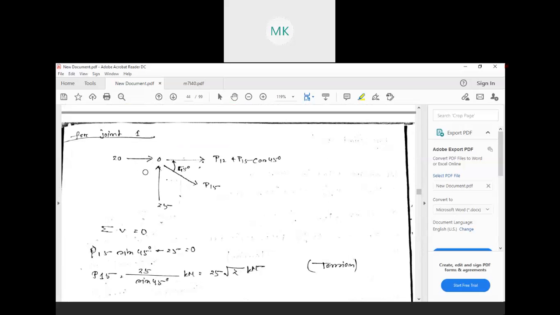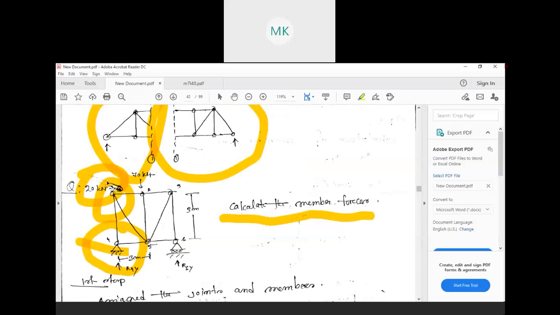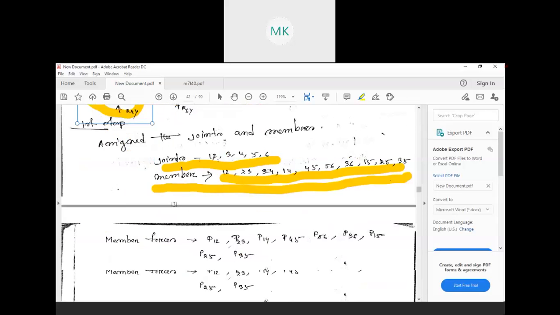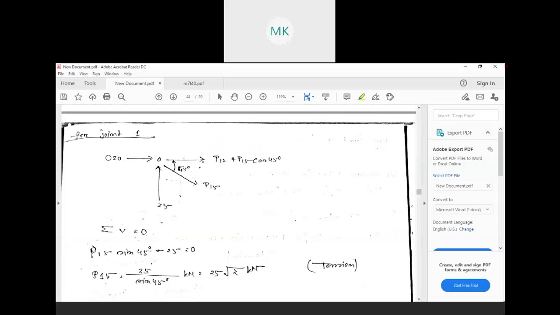Next, similarly we need to go to joint 1. This is our joint 1. How many members are connected? 1, 2, 3. Three members are connected. At joint 1 there is this horizontal force, and these three members are connected. And remember, in a truss, when there is a diagonal member, it is at an angle of 45 degrees.